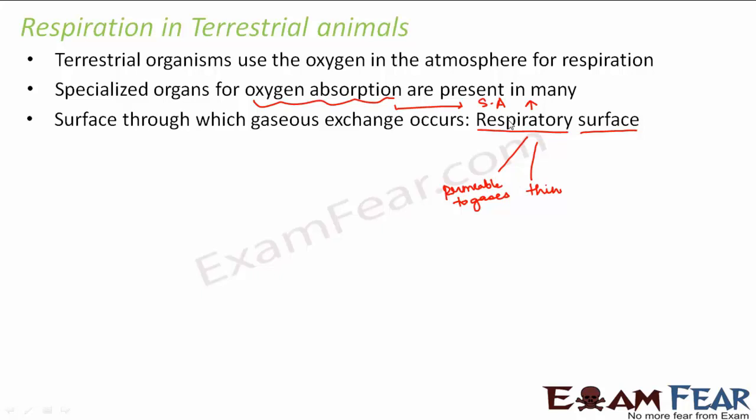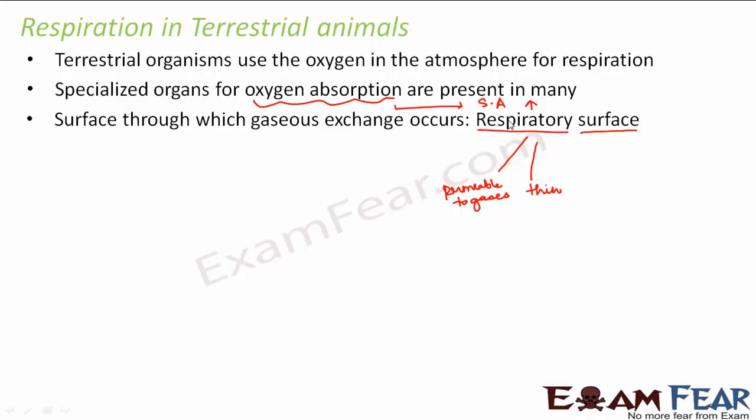Now again, for exchange of gases, this organ has to be in contact with air, as I said that we are taking in oxygen which is present in the atmosphere. Lungs are the organs which are used for absorption of oxygen. So that means lungs should be in contact with air, but at the same time, since exchange of gases takes place through lungs, they are delicate organs and they should be well protected inside the body.